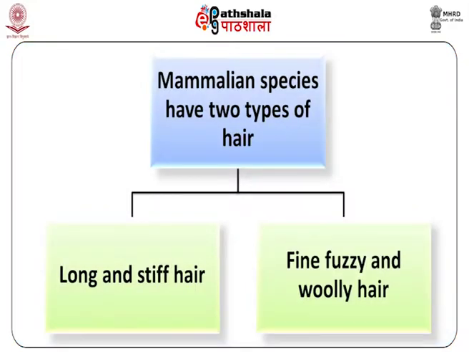Hair grows on most of the limbs of human beings and it also grows on animals. Mammalian species have two types of hairs, long and stiff hair and fine fuzzy and woolly hair. Hair grows from the hair centers called follicles in the body. They are in the shape of fine rods.